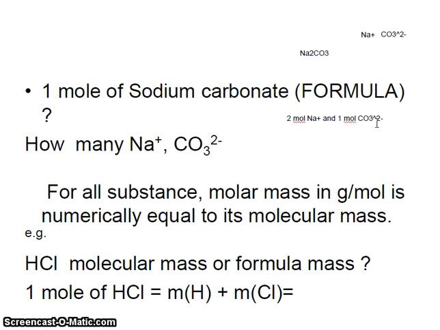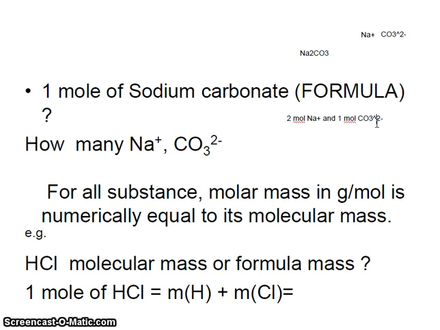Each of those, the Avogadro number, 6.02 times 10 to the 23rd, is going to give you twice the amount of sodium and the same amount of carbonate units. Now, like I said earlier, if you know the molecular mass, you can simply write down that numerical value, and the units of that would be grams per mole, but that will be called the molar mass then.